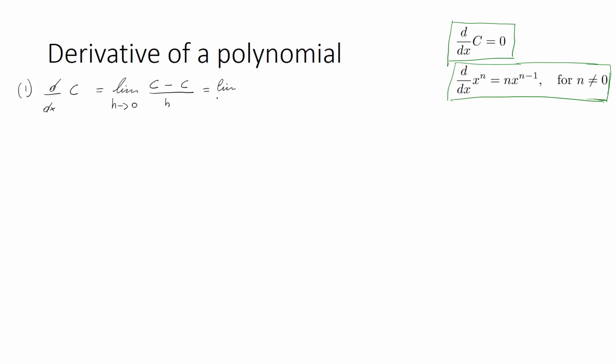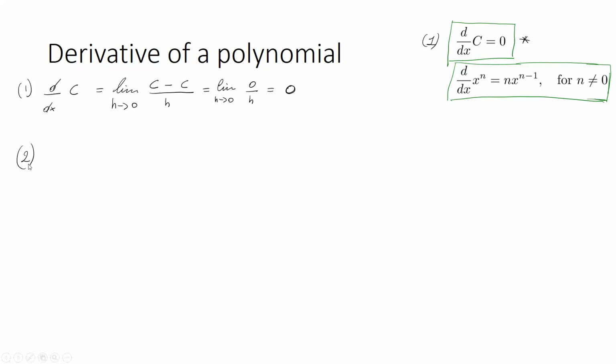And so, of course, you see what happens. I have 0 in the numerator divided by h, so that's the limit of 0 divided by h. That just gives me 0. So my first rule is very easy to prove in just a simple calculation.